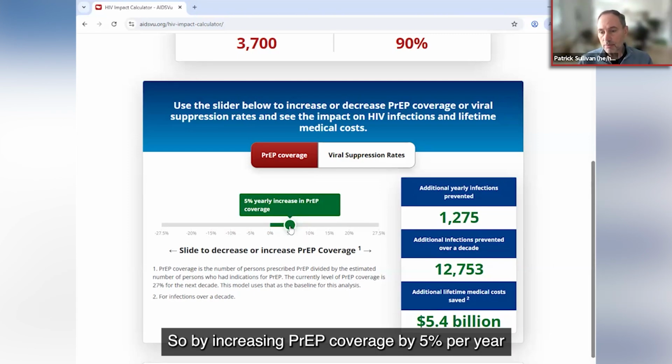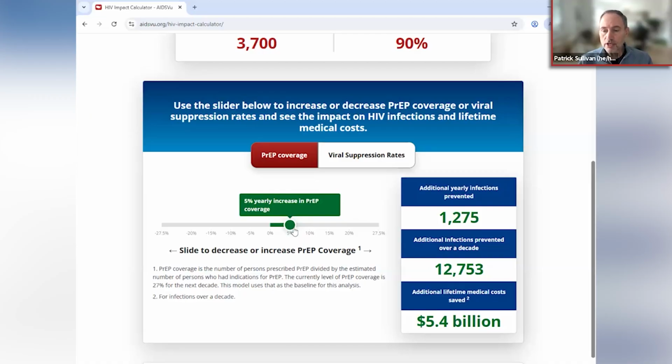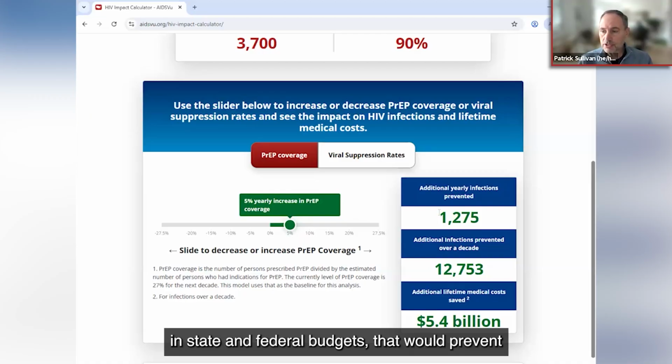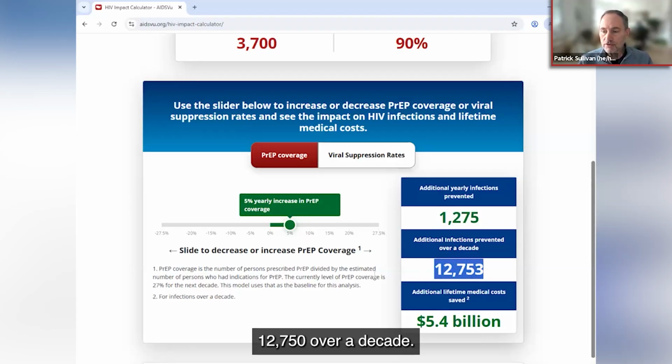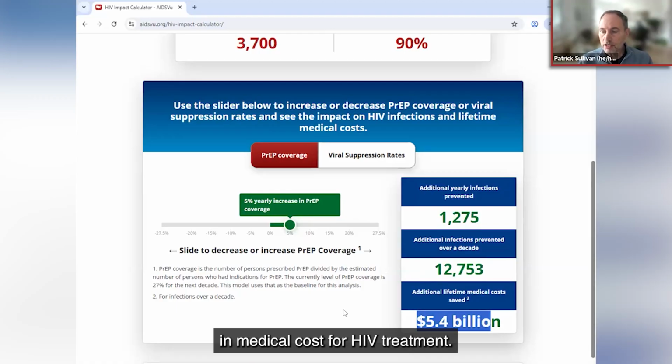So by increasing PrEP coverage by 5% per year in state and federal budgets, that would prevent an extra 1,275 infections per year, over 12,750 over a decade, and save $5.4 billion in medical costs for HIV treatment.